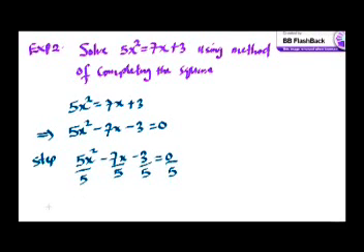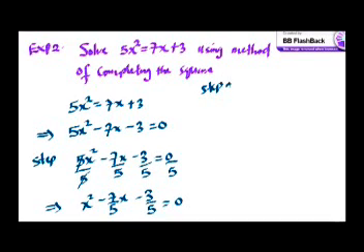So this becomes x squared, because 5 will cancel out 5, minus 7 over 5x minus 3 over 5 is equal to 0 still. So step 2 is to equate the variable to the constant. So we have x squared minus 7 over 5x is equal to 3 over 5, because when minus 3 over 5 crosses equal to, it becomes plus 3 over 5.